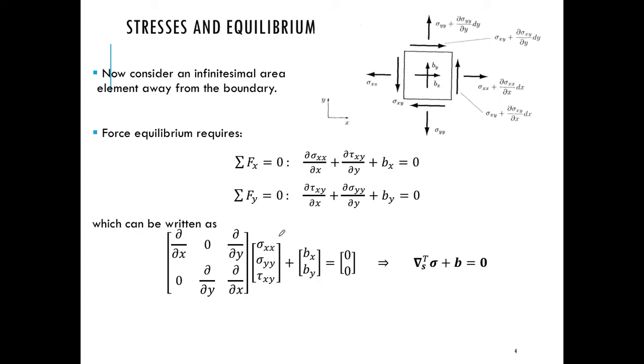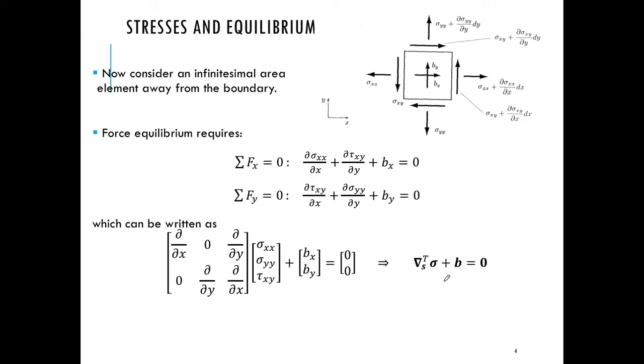So please expand this out, and we get these two equations again. But jumping directly into it, we have our del S operator, but look carefully, it is actually the transpose of the del S operator, right? So go back a couple of slides and have a look.